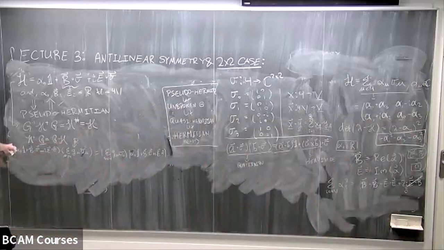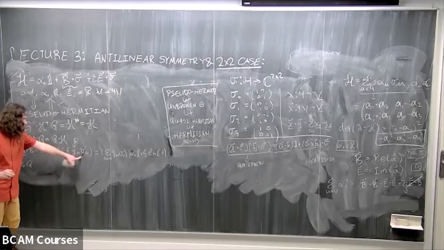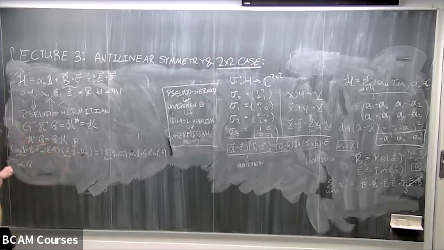Let's see, so H adjoint G. You get one term from multiplying this alpha 0 term into G, so you get alpha 0 G. You get one term from looking at the identity piece on this side.